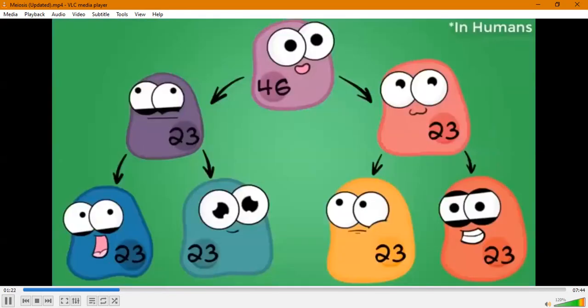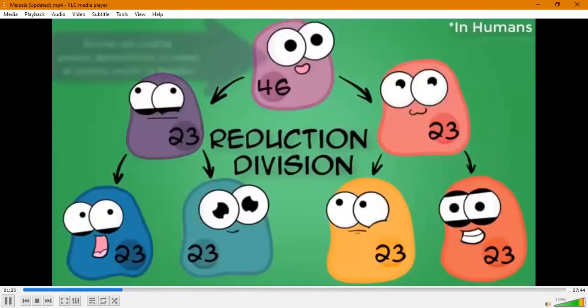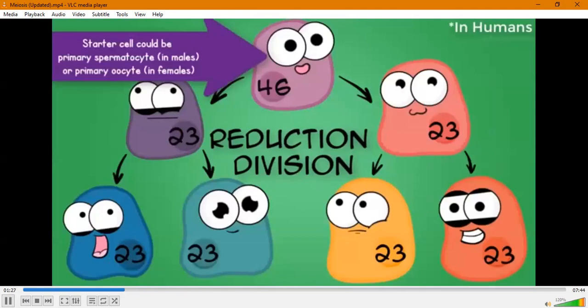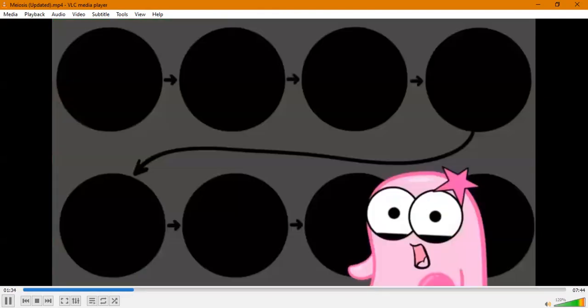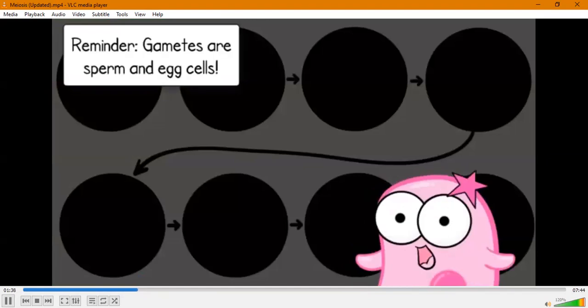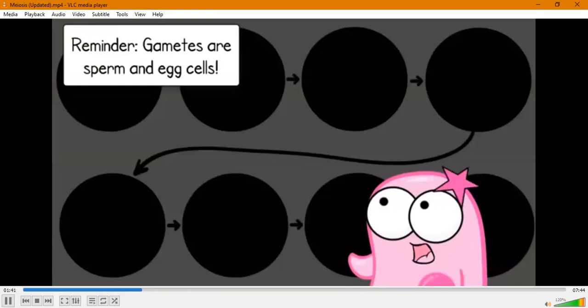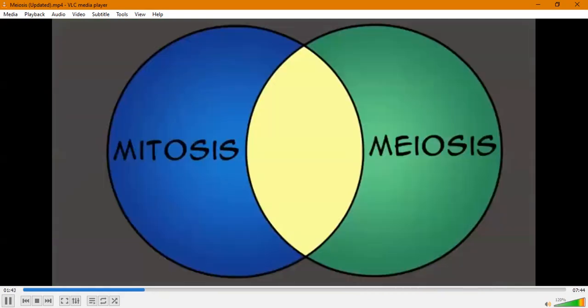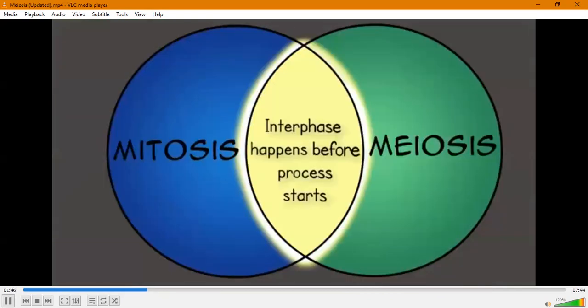Meiosis is what we call a reduction division because you have a starting cell that has 46 chromosomes, and your ending cell, the sperm and egg cells, have only 23 chromosomes. Before we can start getting into the stages of meiosis to make gametes, we have to remember what happens before meiosis can even start. Actually, this also happens before mitosis. It's the stage known as interphase.